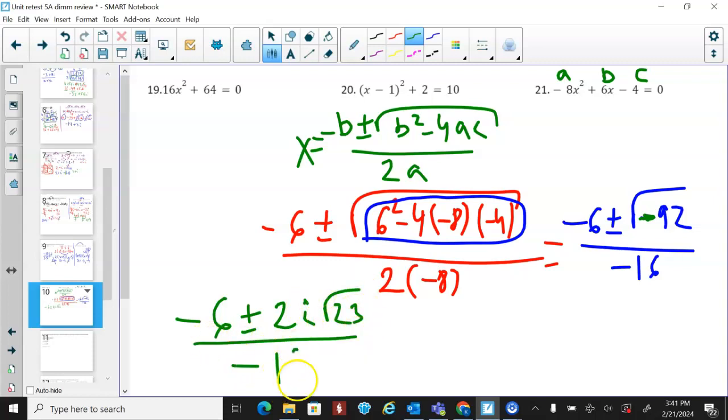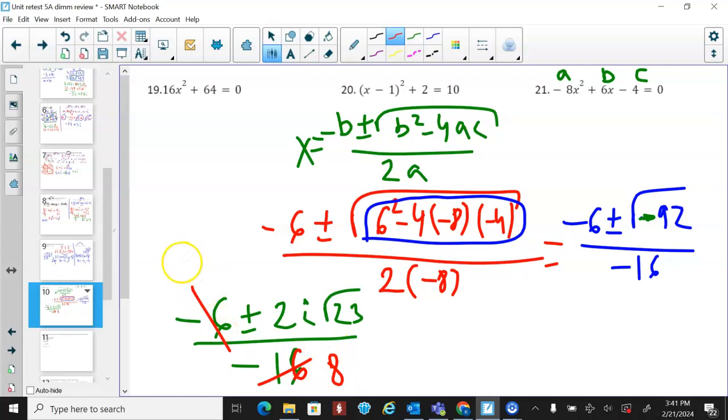Divided by negative 16. Now, I don't like the negative 16 on the bottom. So when I'm dividing and simplifying the 6, the 2, and the 16, the common factor is 2. I'm going to divide it by negative 2 because I don't want a negative on the bottom. So negative 16 divided by negative 2 is positive 8.